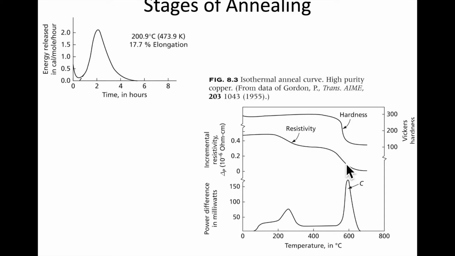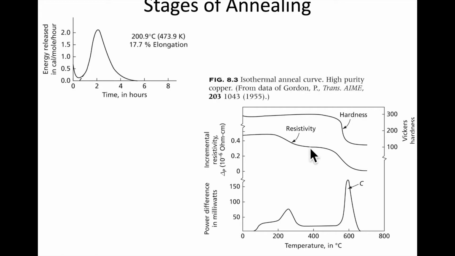So we have heavily deformed grains, so lots of plastic deformation, and so hardness would initially be high and then decrease when we form new, annealed grains that have low amounts of disorder. And same thing with resistivity, there's less resistance to the flow of electrons. And then there's a power release because this is an exothermic event.